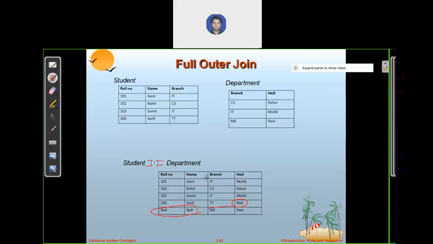Okay. So the operation of outer join is clear to all of you.